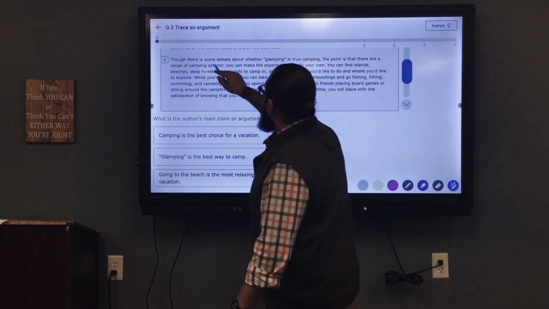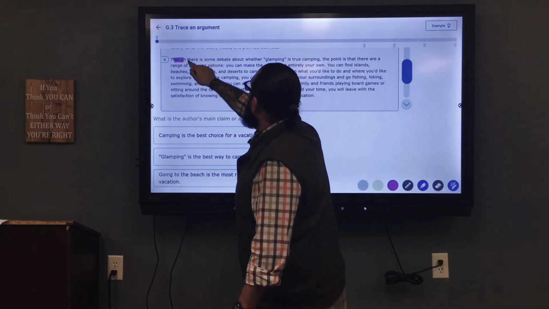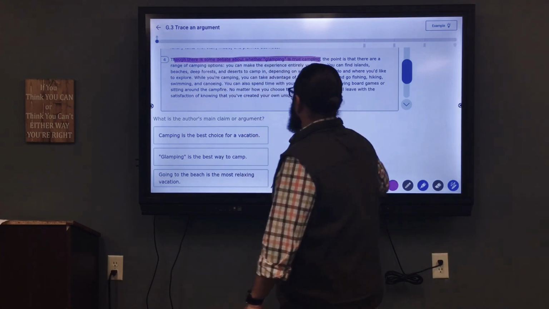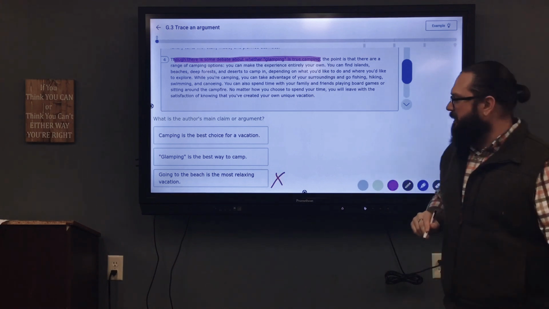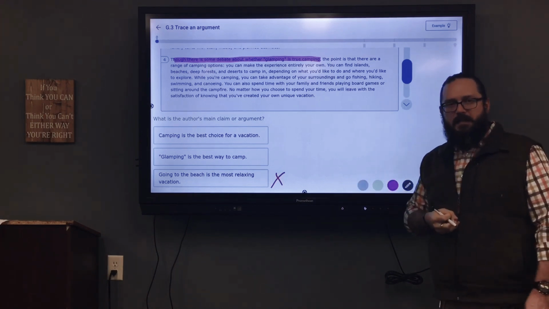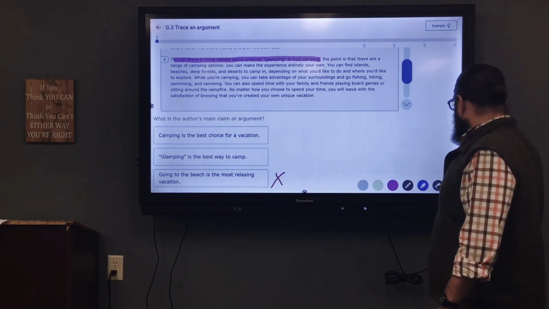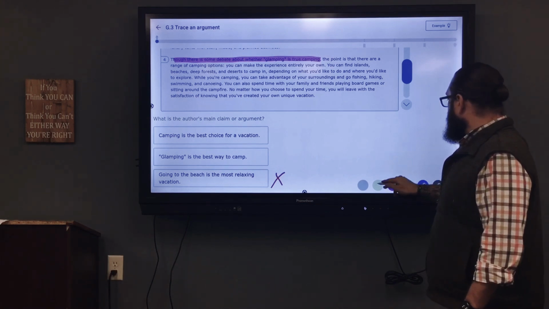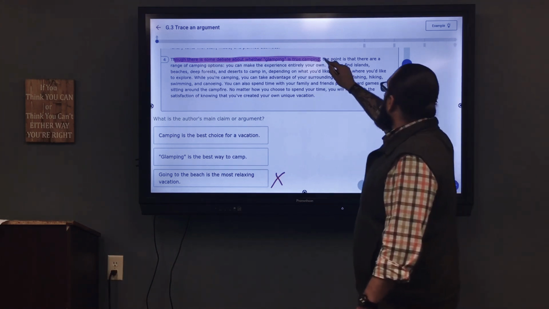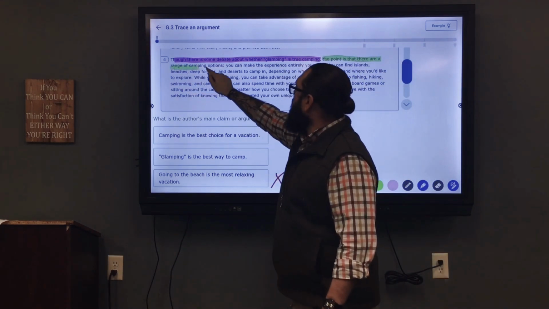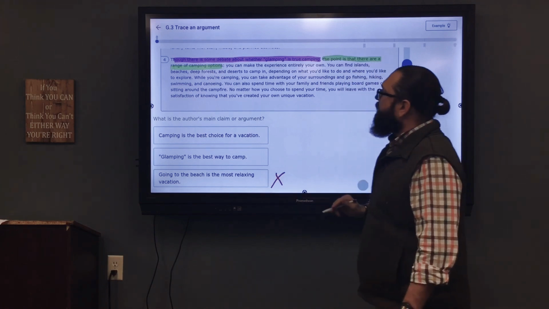All right, so though there's some debate about whether glamping is true camping. Does that sound like the author is saying that glamping is the best way to camp? No, because the author goes on to say, the point is that there are a range of camping options.